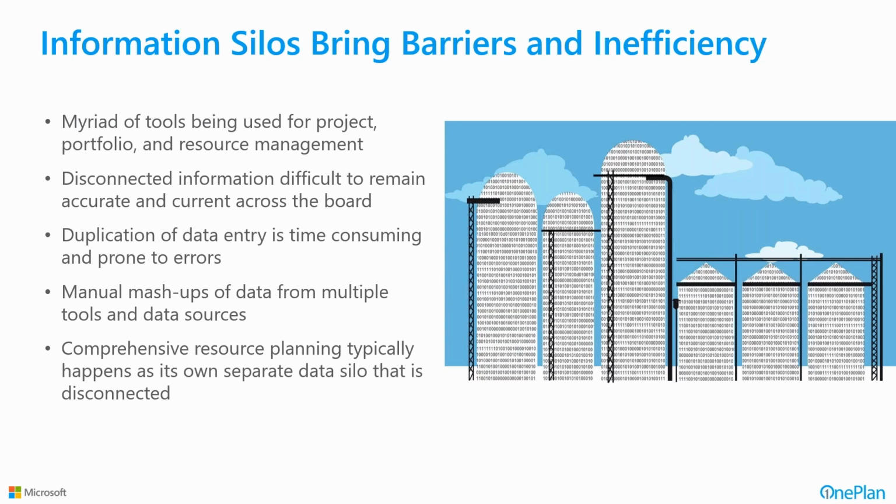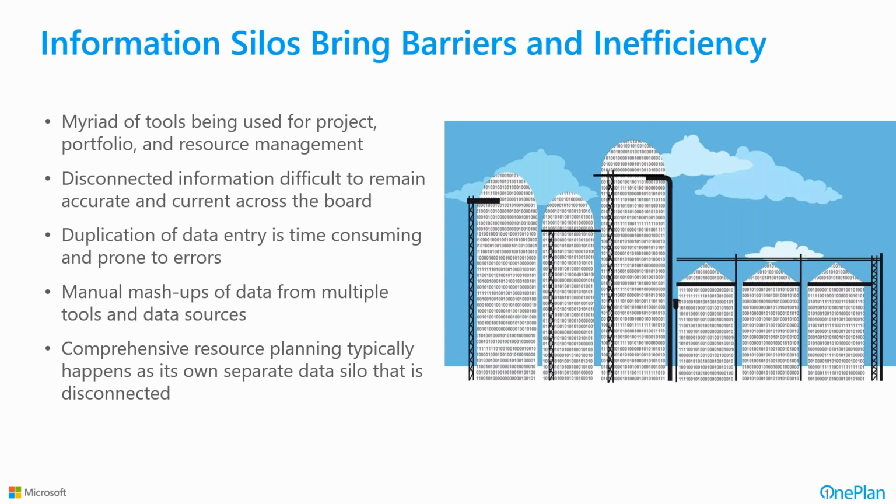Consequently, people are using these multiple tools, and very often it necessitates duplication of the same data being put in different tools. Not only is this time consuming, but it's also prone to errors as we transcribe that information. Ultimately, if this data is distributed and scattered around, we end up doing at least some type of manual or semi-manual mashup of data from multiple tools and data sources, unless we're putting it all in some big data warehouse.